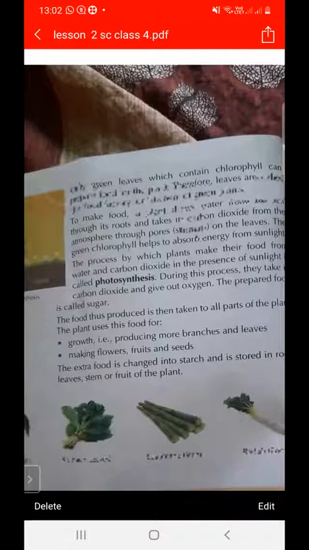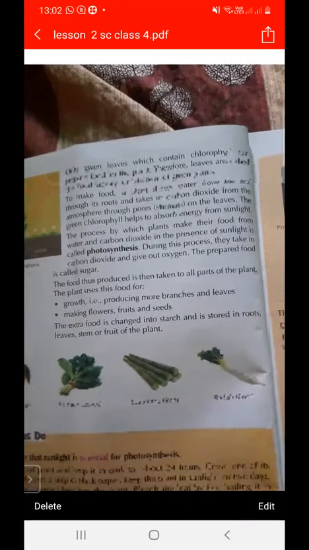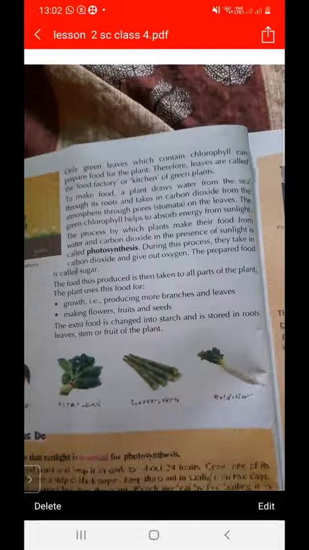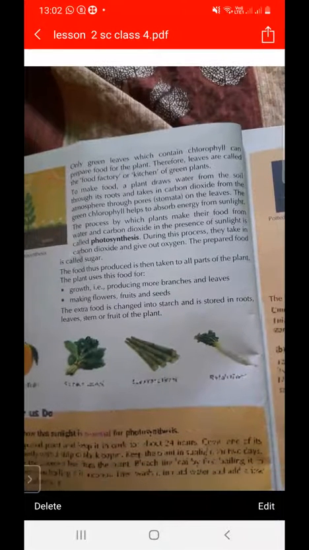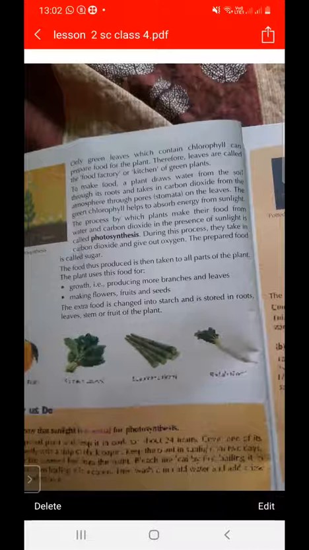For making food, we require water and minerals, carbon dioxide, and chlorophyll. Plants take chlorophyll from the leaves, carbon dioxide from the atmosphere, and from the roots they take water and minerals, and convert all these into food.